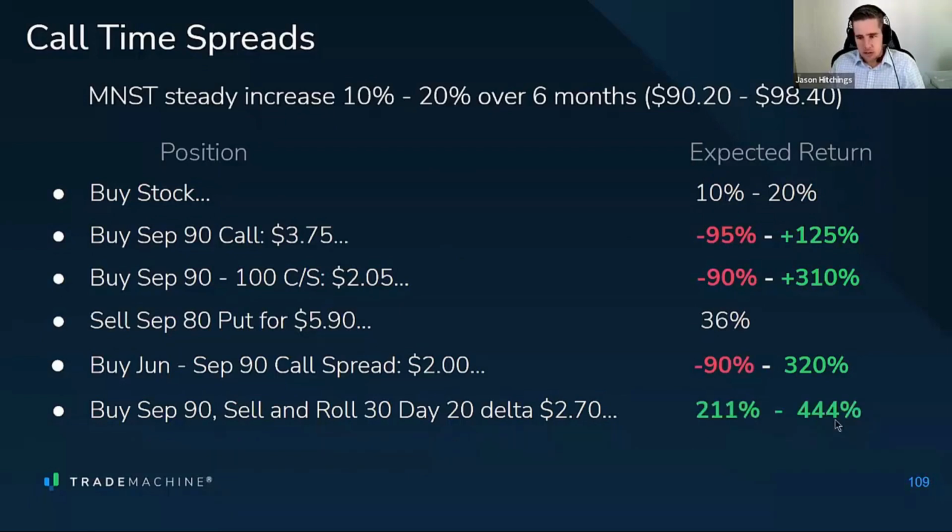So now all of a sudden, if you're right about this assumption and you're able to sell that front month option over and over and over, and they all expire worthless, which is a very rosy scenario, then potentially your profitable range here would be, you'd be guaranteed to make somewhere between 200 and 400% on this position.